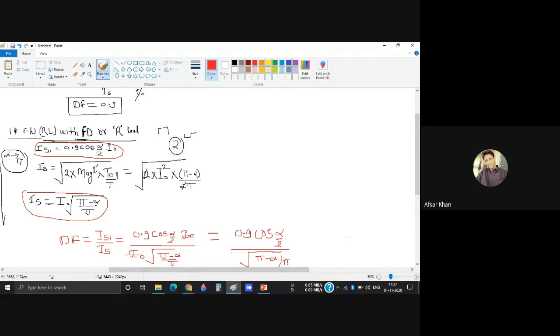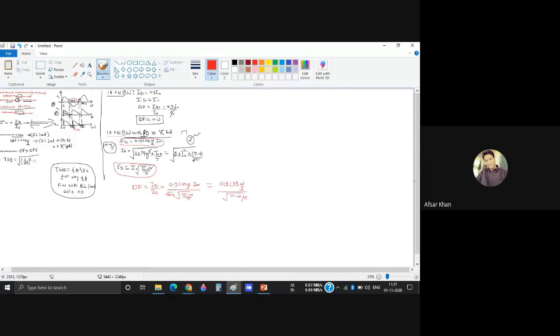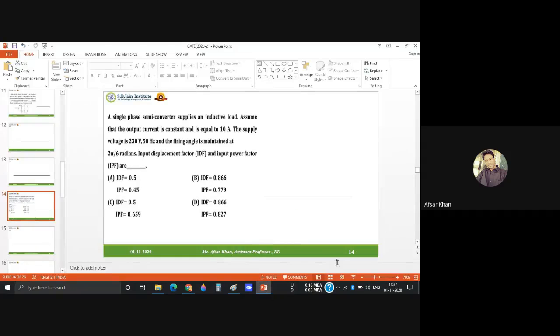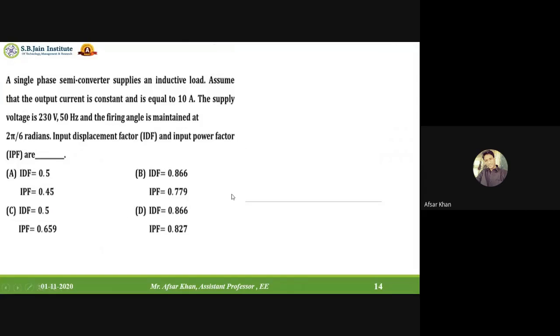Yes, you have to note it down, everything. Have you noted this? Now we can solve our problem. We have seen all the formulas. See this problem, take the screenshot, and we will start solving this.